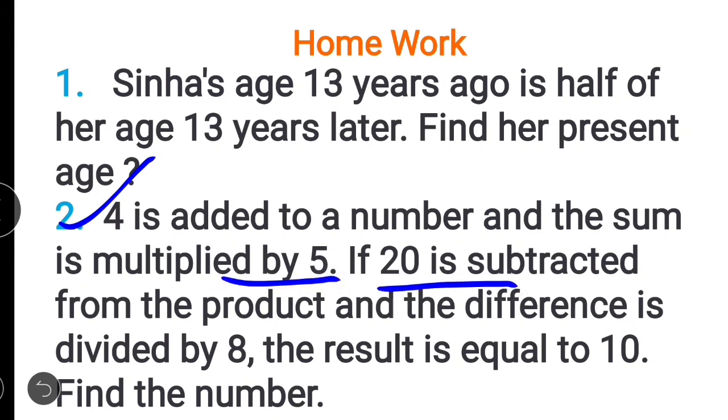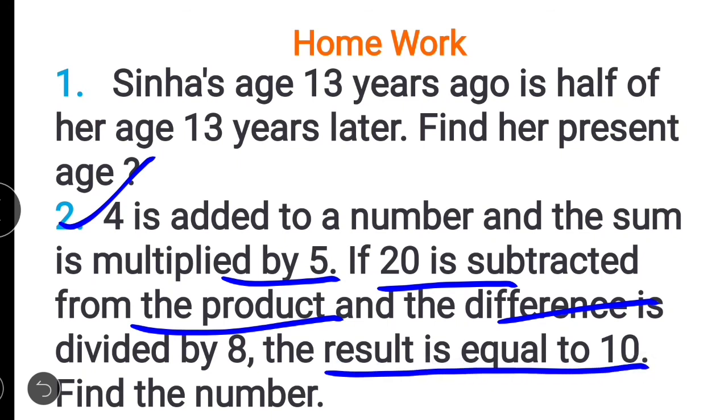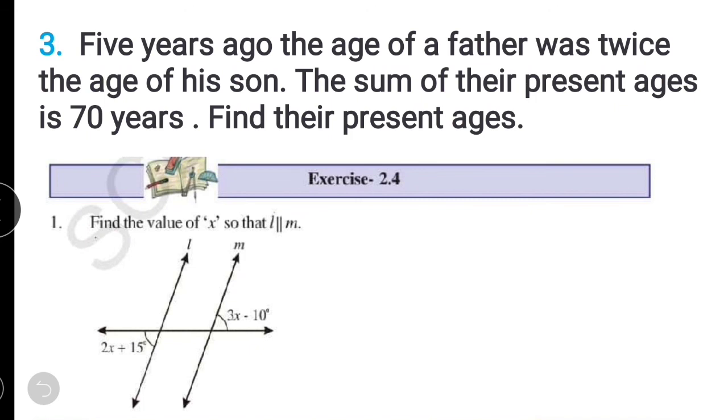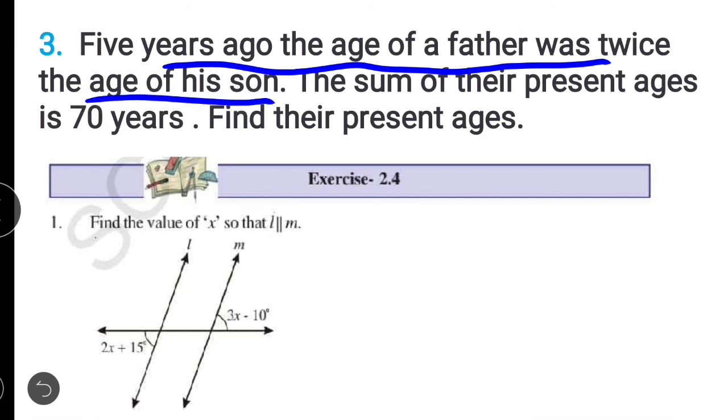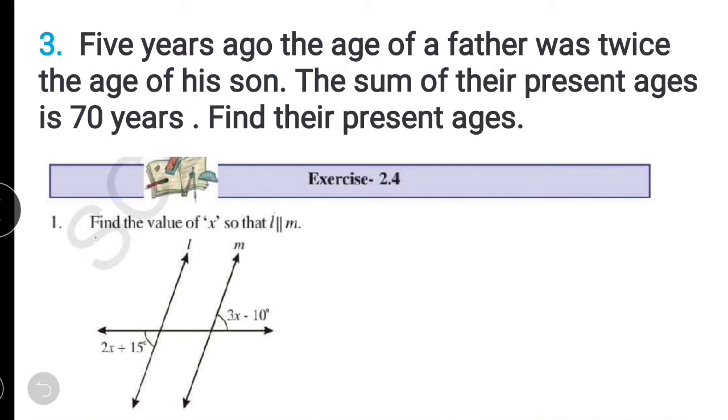If 20 is subtracted from the product and the difference is divided by 8, the result is equal to 10. Find the number. Next, the third question: 5 years ago the age of the father was twice the age of his son. The sum of their present ages is 70 years. Find their present ages.